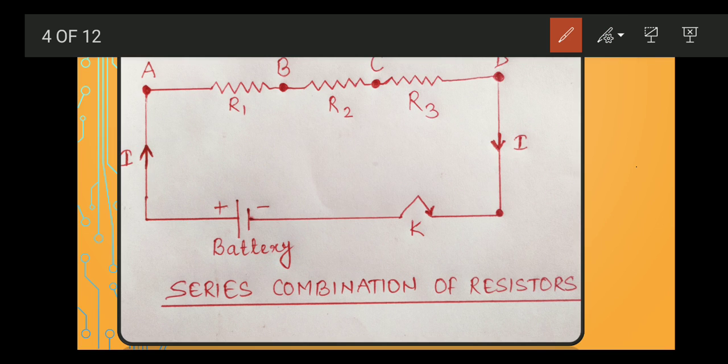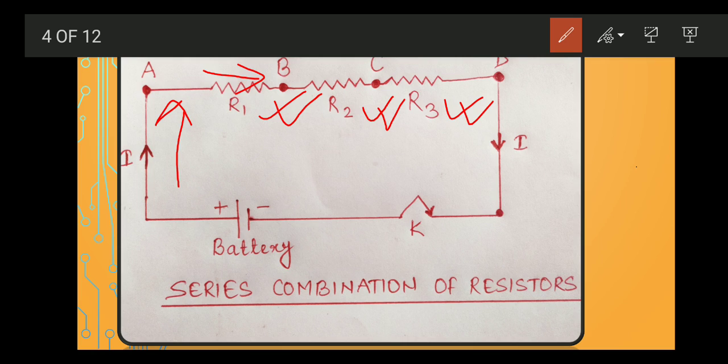Now, one more important fact, you can see this place, same current is flowing through resistor R1, but the potential difference across the resistors R1, R2 and R3 are not the same. So, we have different potential differences across the three resistors.